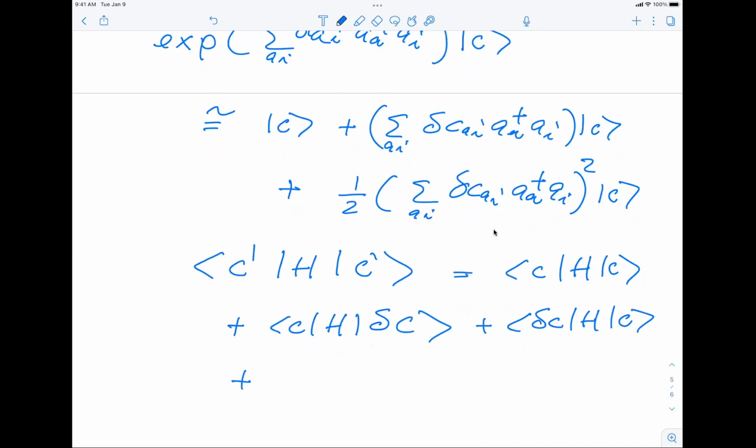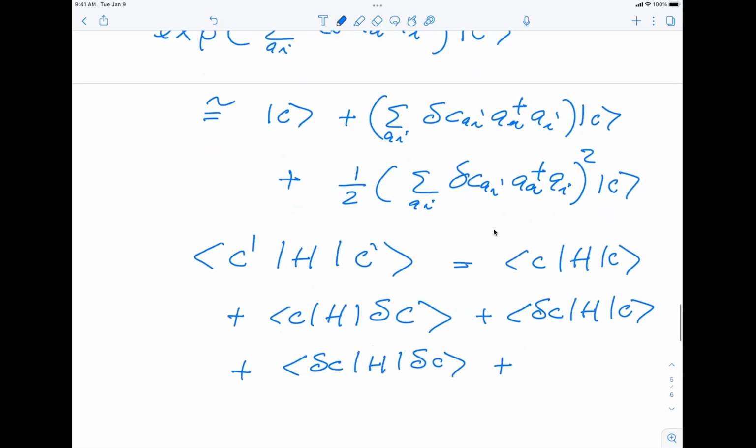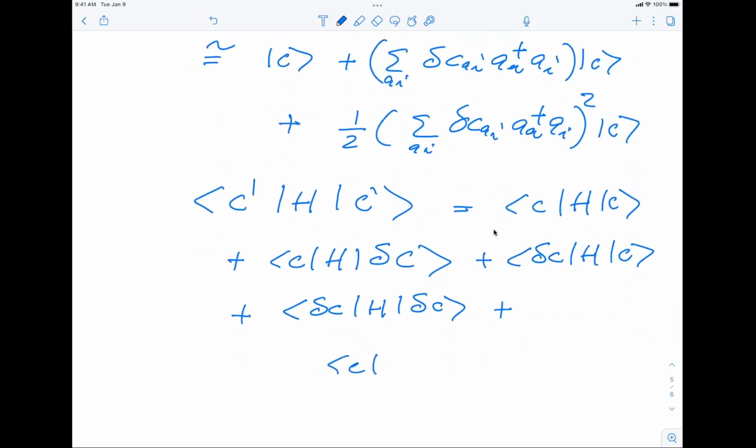So I would then get a term which goes like delta C of H delta C, plus C of H of delta C squared, plus delta C squared of H multiplied with C.